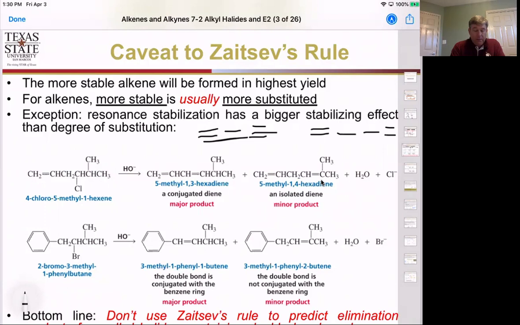So if we start with this 4-chloro-5-methyl-hexene, we have the possibility of pulling the hydrogen off this carbon or pulling it off this carbon, okay? So there are 2 hydrogens on that carbon, and there's 1 hydrogen on this carbon. By Zaitsev's rule, it says we should be pulling it off this one as our major product. If we do that, we're going to form a methylene in between those 2 double bonds, so we're going to have a non-conjugated structure.